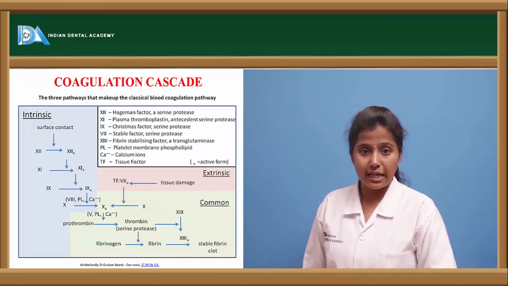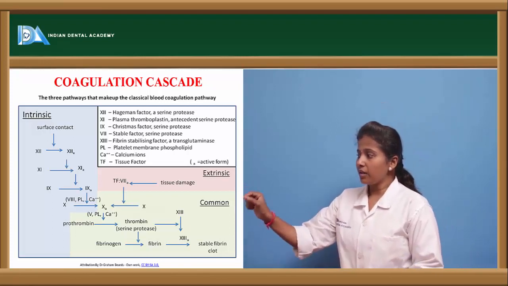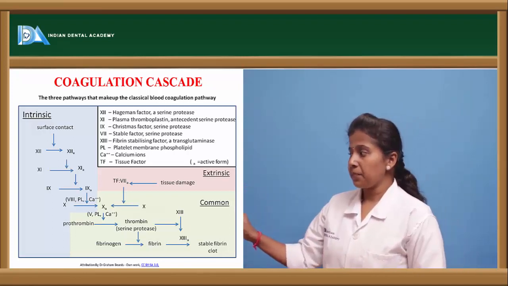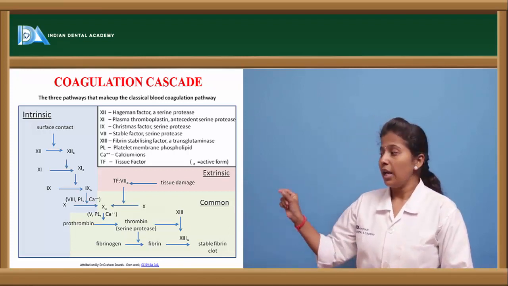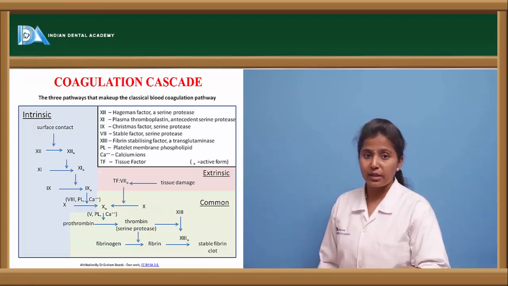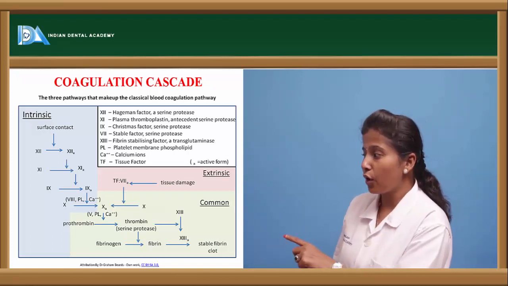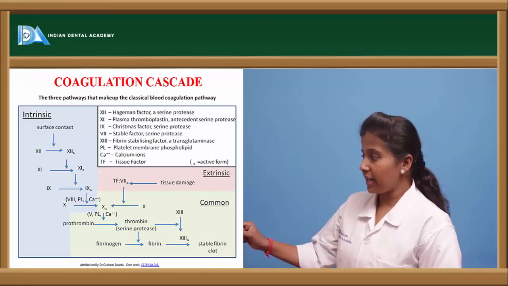It utilizes the calcium present in the tissue, and this conversion takes place. The conversion of 10 to 10A occurs in both the extrinsic and intrinsic pathways, and this is the common point which both pathways undergo.